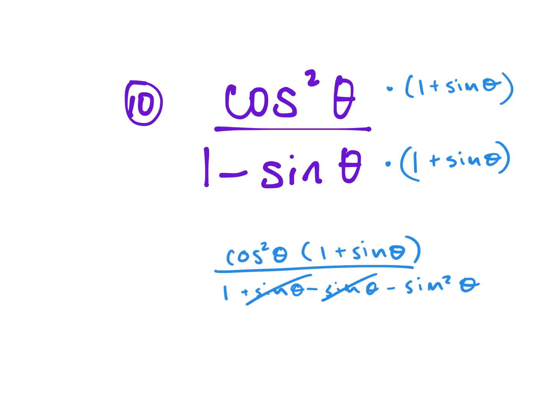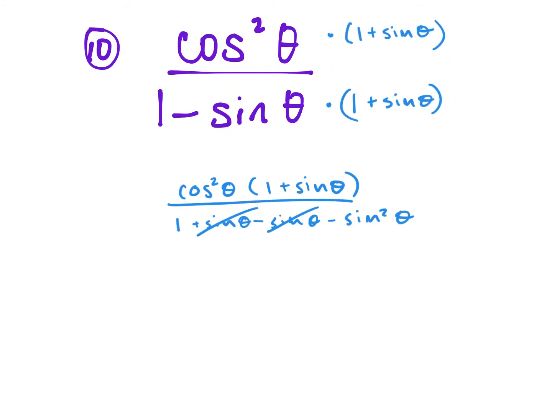So before I distribute, I'm going to keep it like this in case I see something. So on the bottom, I now have 1 minus sine squared. What can I do next? I could change 1 minus sine squared to be cosine squared.